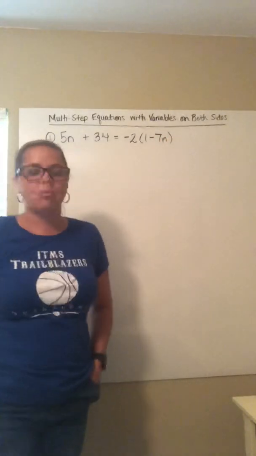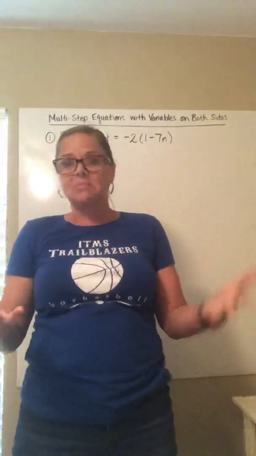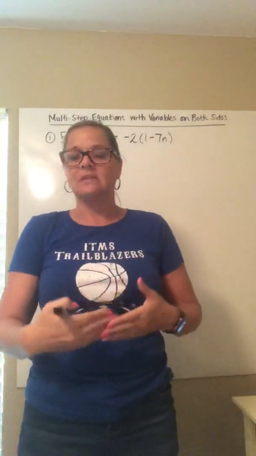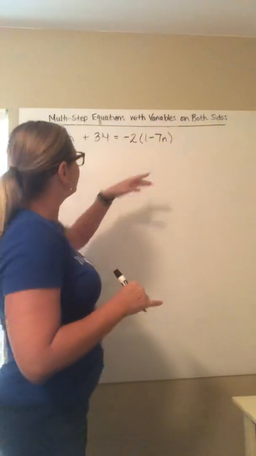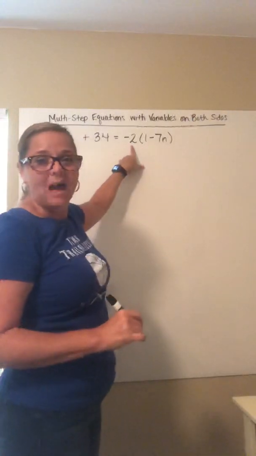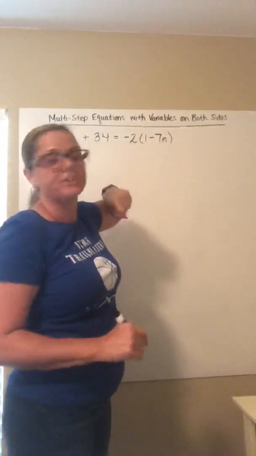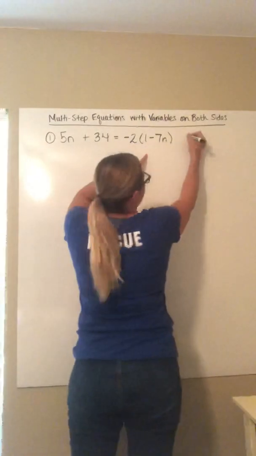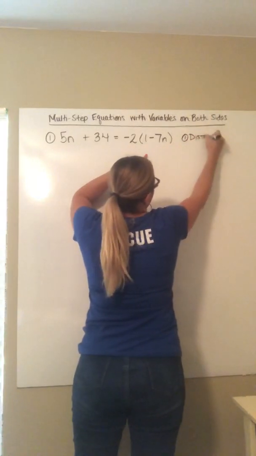Okay, so step one when we're solving an equation that has several steps and variables on both sides is going to be to look for the distributive property. My distributive property is a parentheses with that number on the outside, meaning I'm multiplying -2 times both of the terms that are inside. So our very first step here is to distribute.